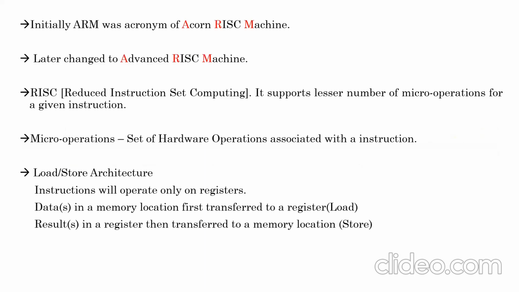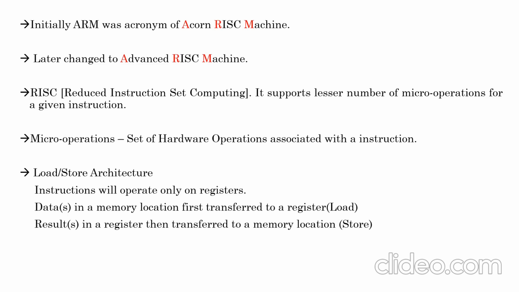ARM was initially called Acorn RISC Machine. Later, when it was investing itself in the stock exchange, it was changed from Acorn RISC Machine to Advanced RISC Machine. RISC is nothing but reduced instruction set computing. Here, for a given instruction there will be a lesser number of hardware operations involved.